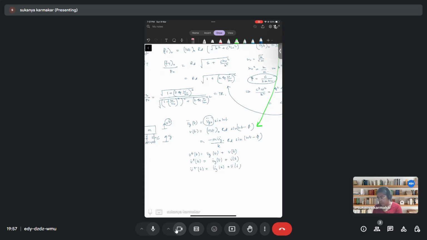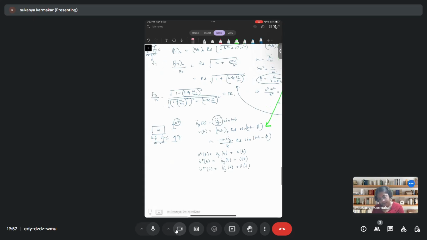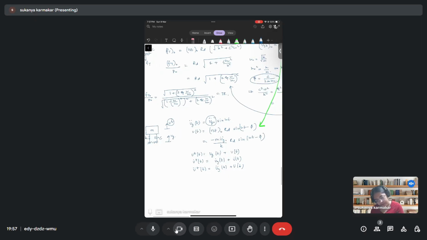Suppose I have this expression of u of t. Here I can substitute this. Now I have an expression of u of t, I can take the double derivative and substitute it here.